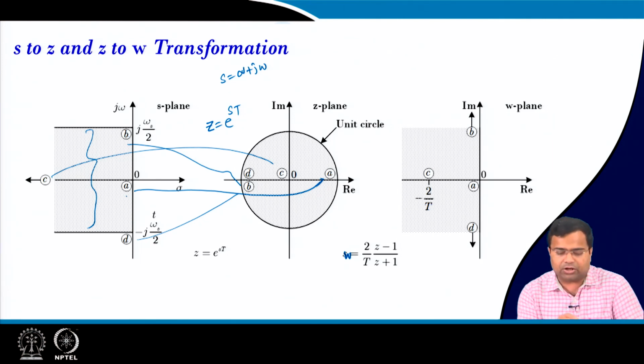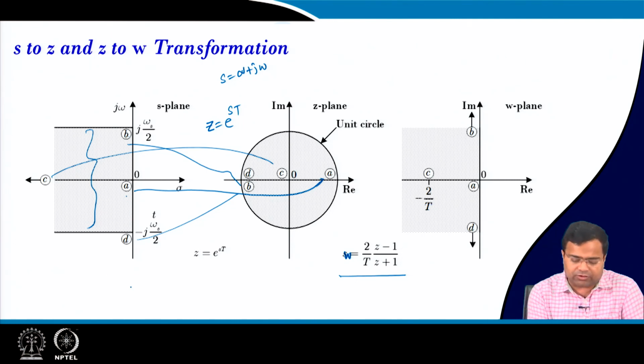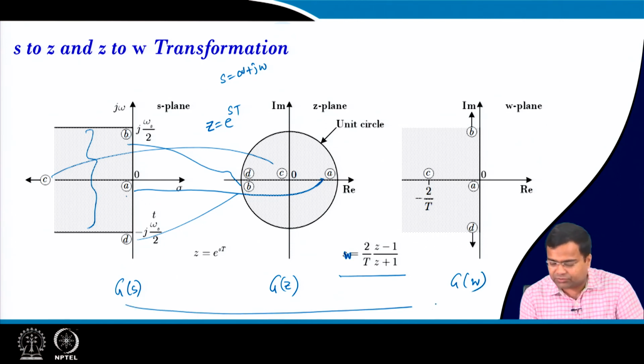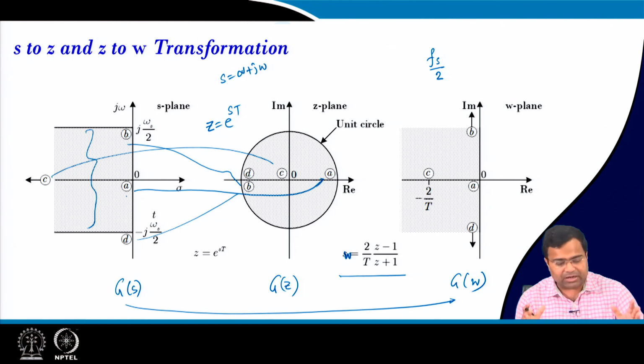So in summary, the omega domain and W domain are somewhat analogous, where the W domain is obtained from the Z domain by means of a transformation similar to bilinear. But if you take a transfer function G(s), then get G(z) and then G(w), between G(s) and G(w) you may get one extra zero due to sampling. That extra zero will come at sampling frequency by 2. So that will introduce an additional zero by means of the transformation, otherwise they will more or less match and retain the property.